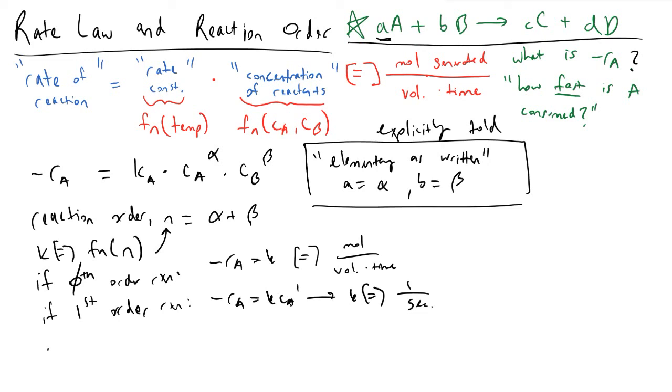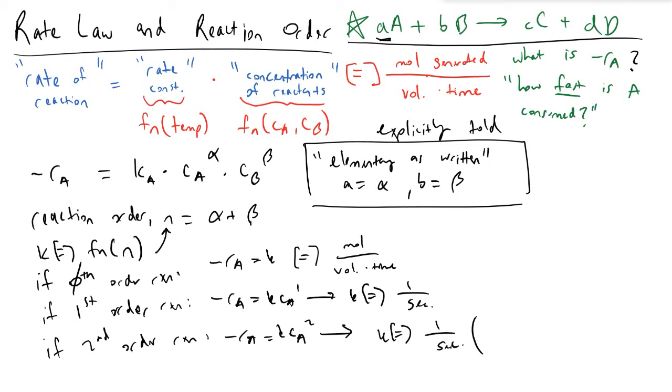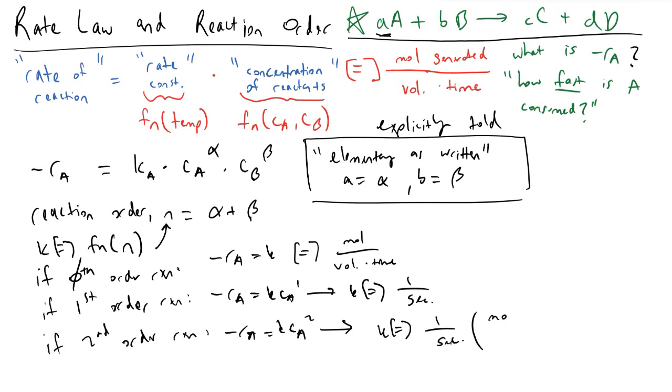If we were to look at a second order reaction, just so that we can begin to see the pattern here, what we would have is minus rA would be equal to, and I'm going to truncate B here, just say k CA squared for simplicity. What we're going to find is that k will have dimensions of 1 over second times inverse molarity, which would be equivalent to cubic meters per mole. Sorry.